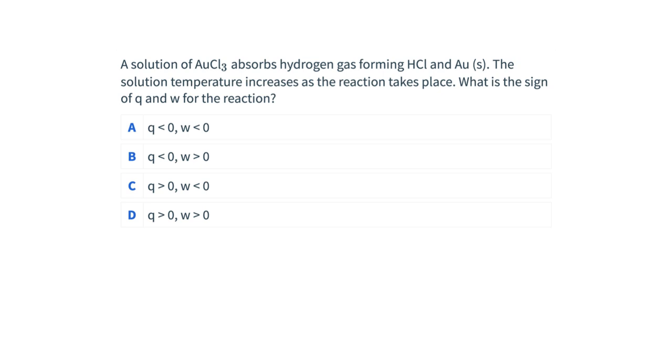So a solution of gold chloride absorbs hydrogen gas to form HCl and gold. This looks like an example of a redox reaction. And so this would look like AuCl3 plus H2 gas forms gold solid and then HCl.